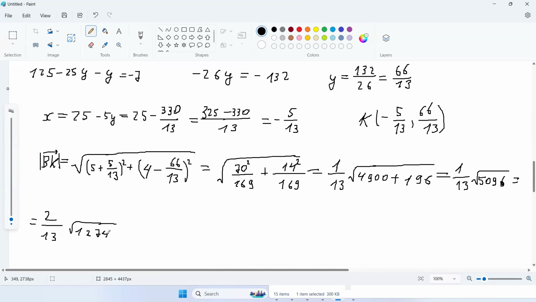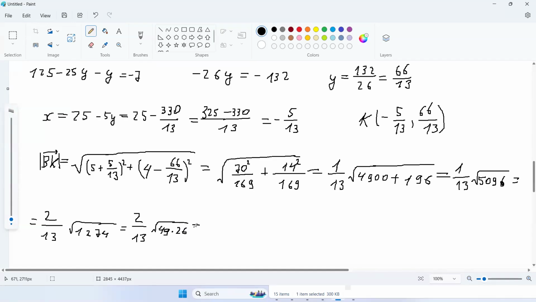As I see, it is not divisible by 9, so no squares. Yeah, maybe it can. By the way, let's try to divide it by 7. Let's try to divide it by 49. Okay, so 49 by 26.